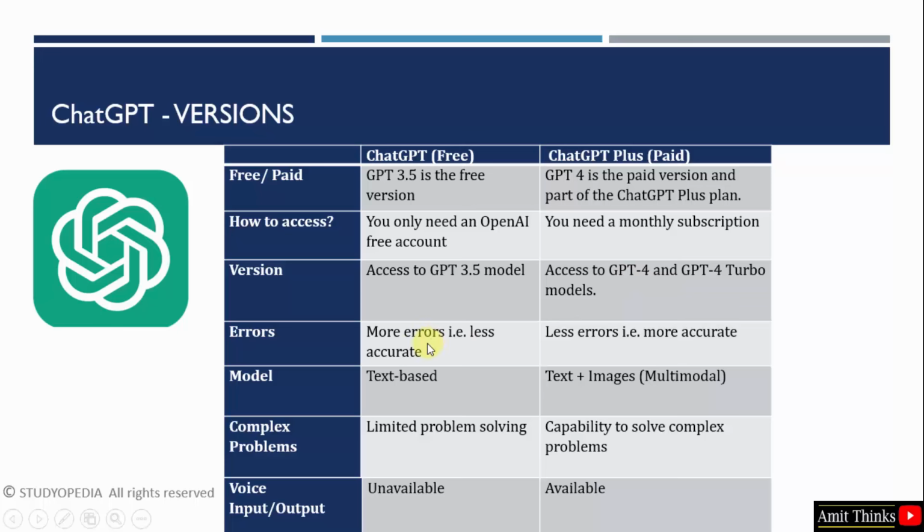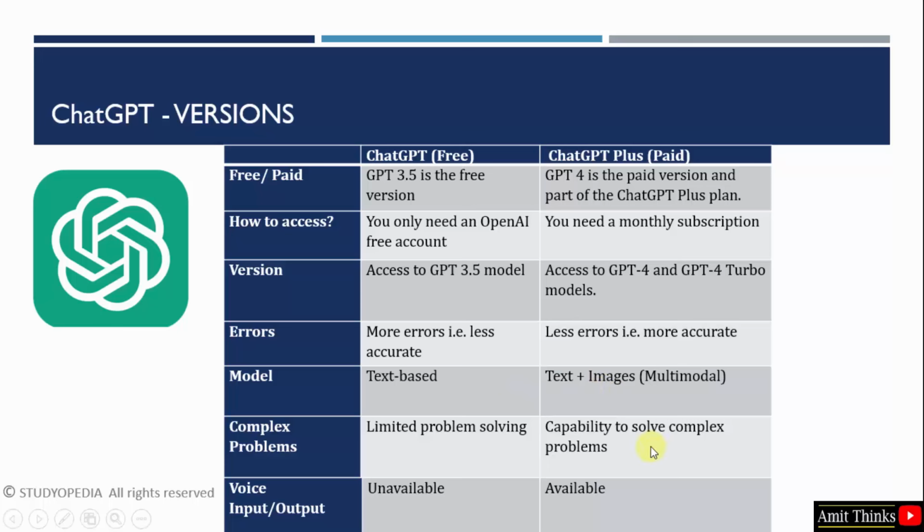GPT 3.5 is more prone to errors, that is less accurate, and GPT-4 obviously is an enhanced version of 3.5. Therefore, GPT-4 is less prone to errors and more accurate. The model for the free version is text based, whereas the paid model is multimodal.